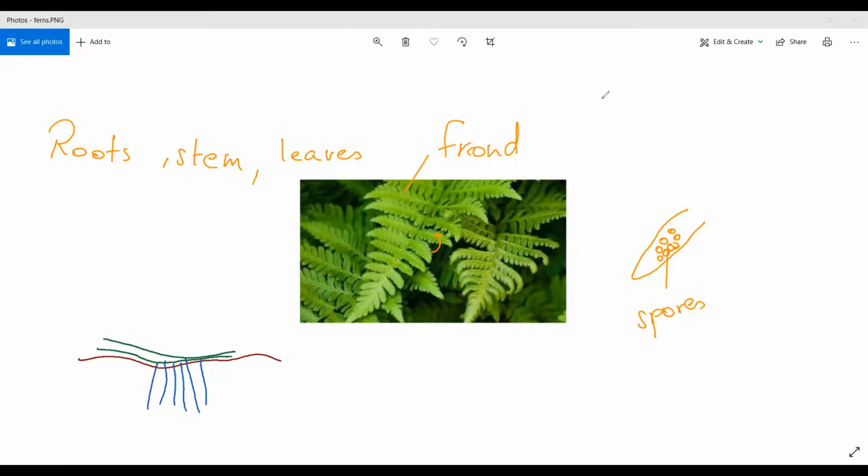Now, what about the leaves? If I have here one leaf and each leaf is formed of fronds, these are the fronds like this. This is one leaf only that is formed of many fronds.